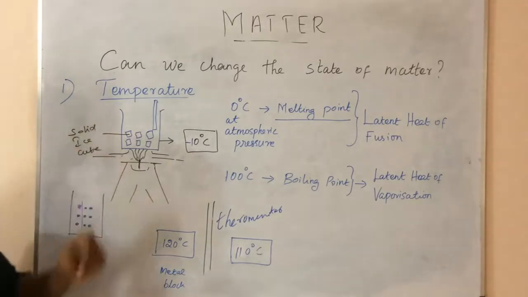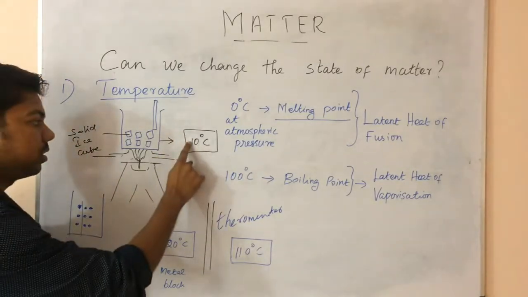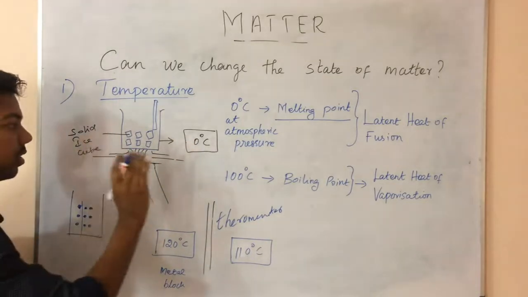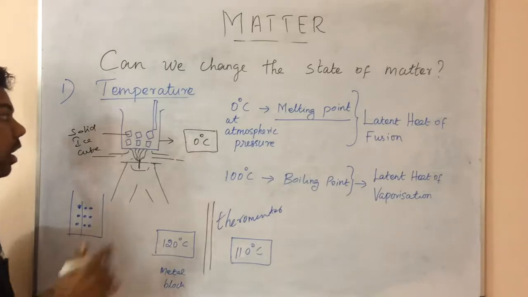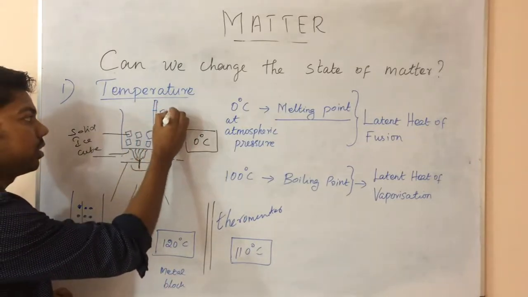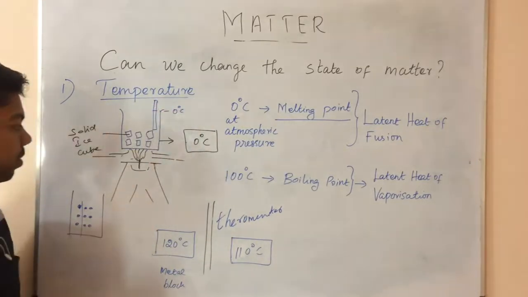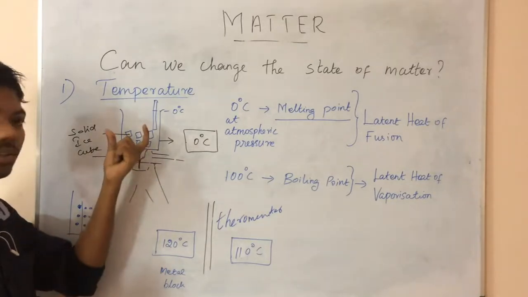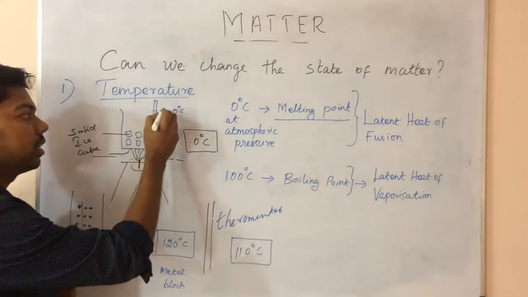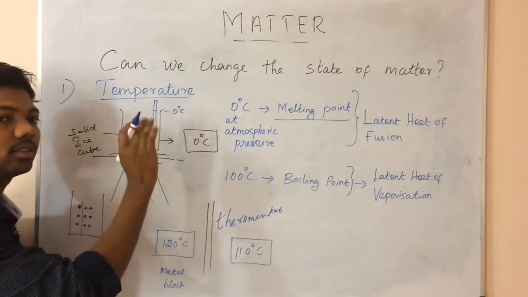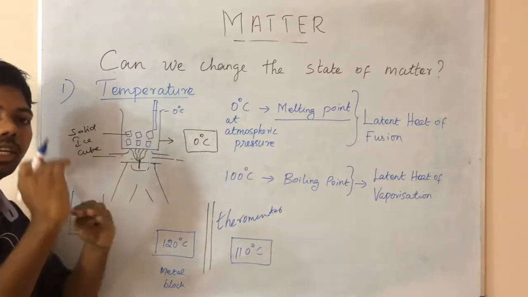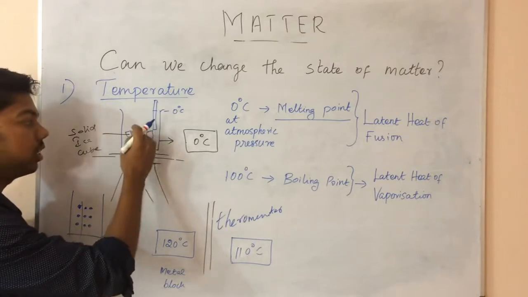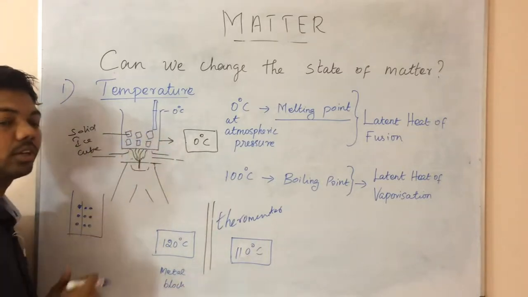Now one question arises. It is at 0 degrees Celsius, and the thermometer is reading 0 degrees Celsius. Even after I add more heat to the ice cube, it is still 0 degrees Celsius. There is no change in temperature, but there is a change in the formation of liquid.